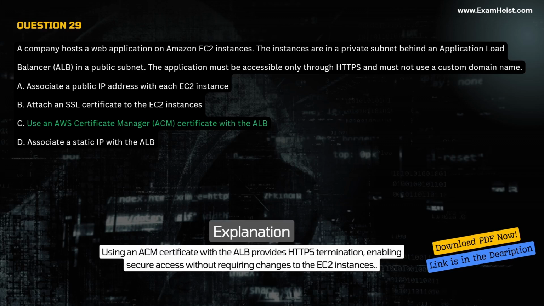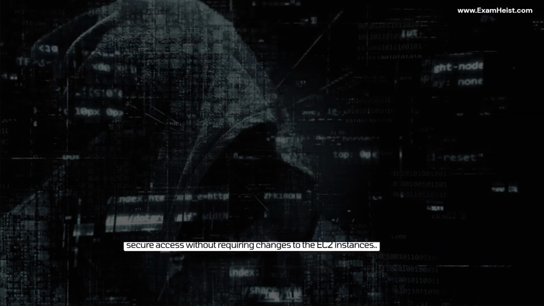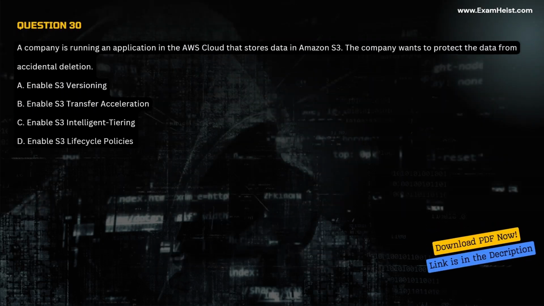Explanation: Using an ACM certificate with the ALB provides HTTPS termination, enabling secure access without requiring changes to the EC2 instances. Question 30. A company is running an application in the AWS cloud that stores data in Amazon S3. The company wants to protect the data from accidental deletion. A. Enable S3 versioning.